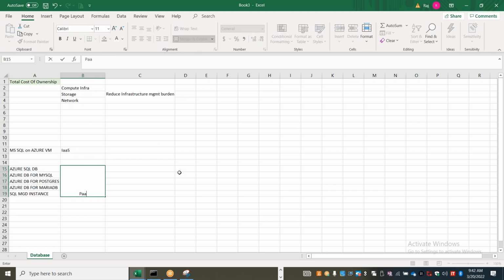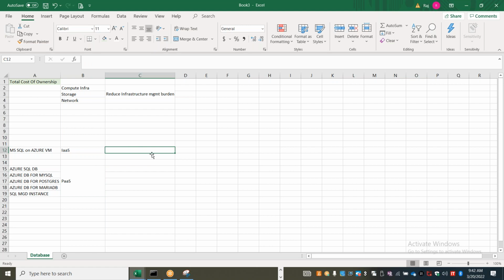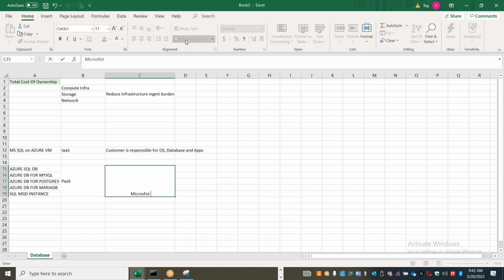Here the VM is maintained by Microsoft, but the customer is responsible for the OS, database, and application configuration and upgrades. With the managed options, even the OS and database version upgrades are taken care of by Microsoft. That's the biggest advantage we are going to get.